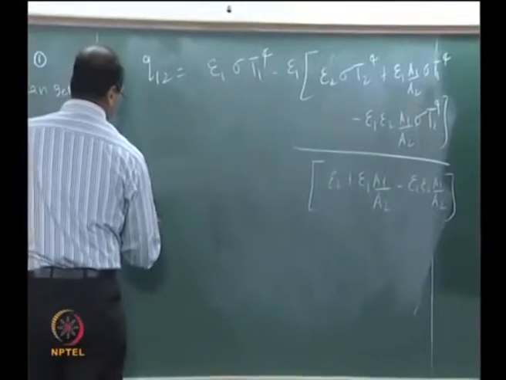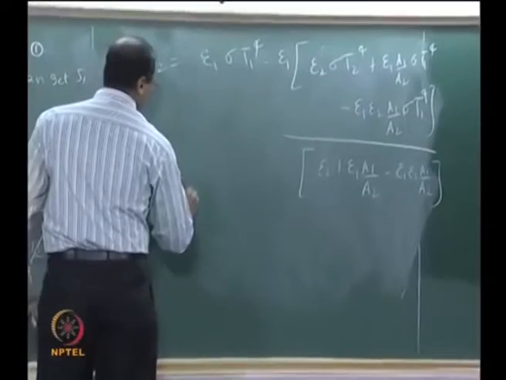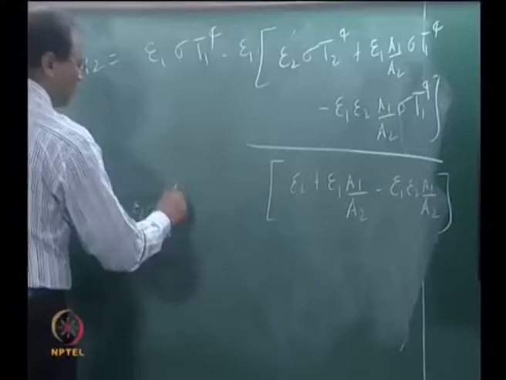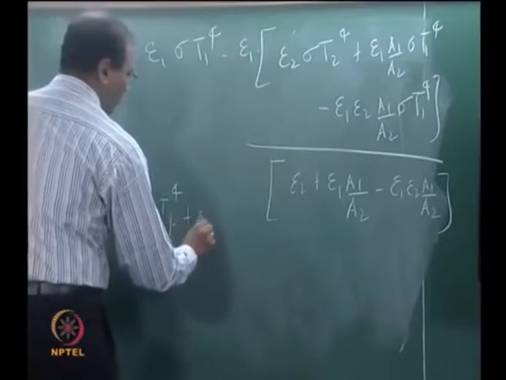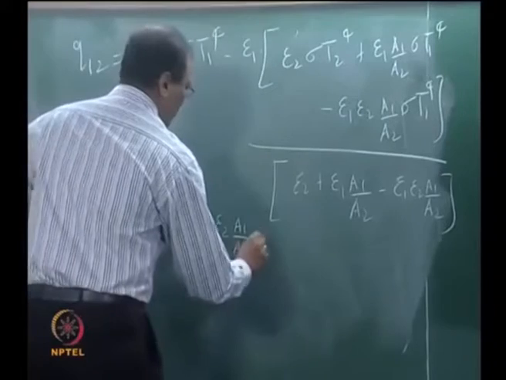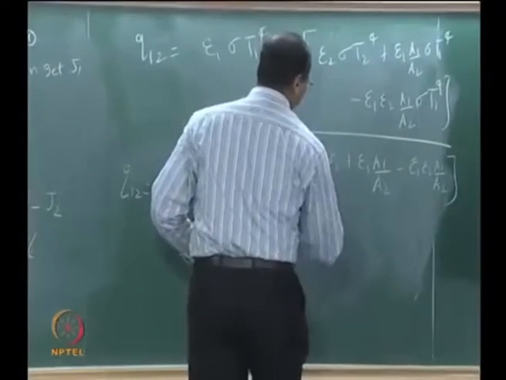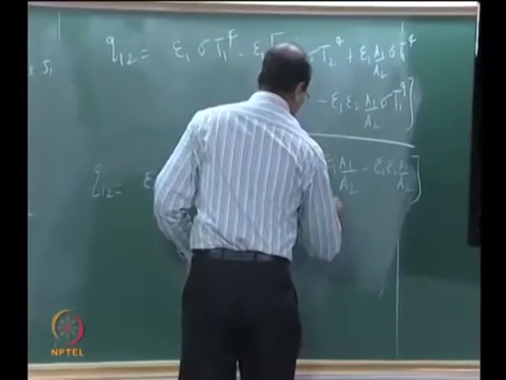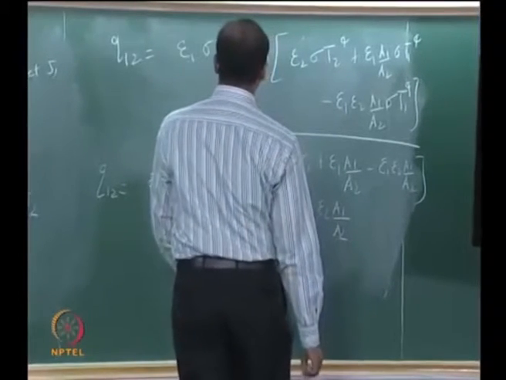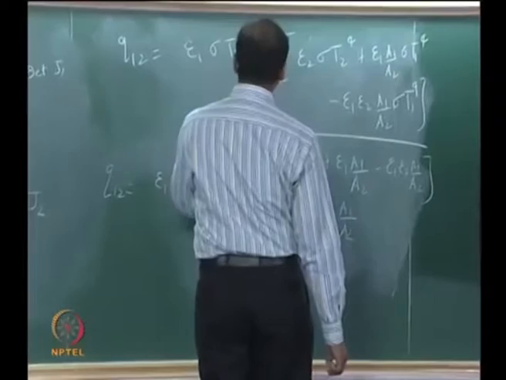Q12, yeah, epsilon 1 epsilon 2 sigma T1 to the power of 4 plus epsilon 1 epsilon 2 A1 by A2 sigma T1 to the power of 4 minus epsilon 1 epsilon 2 A1 by A2. We are getting epsilon 1 square.